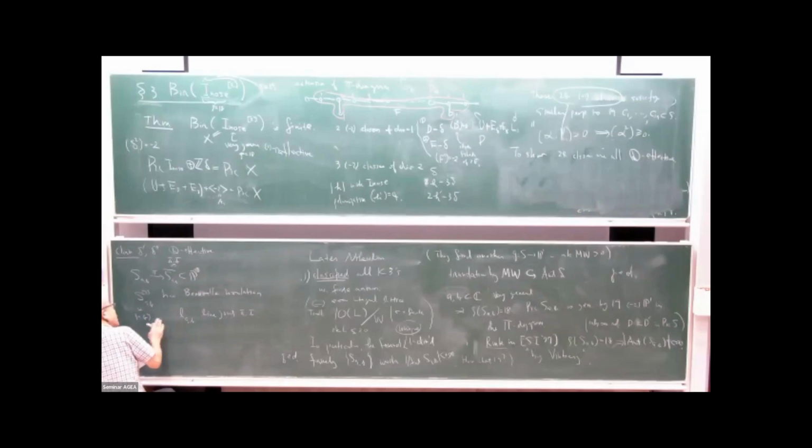When A and B are general, this line L_AB intersects the surface at 4 points: A, B, and C, D. And consider the map to itself sending AB to the remaining residual CD. This is called the Beauville involution. And this Beauville involution sends the class delta to delta prime and delta double prime. So this is Q-effective.